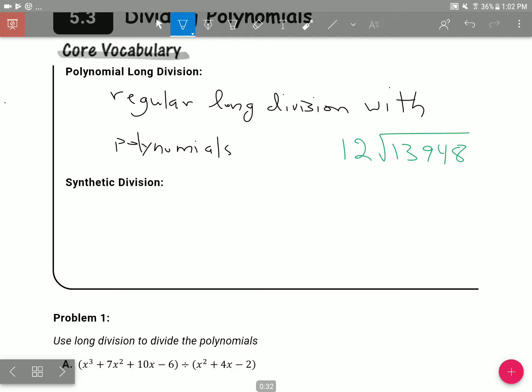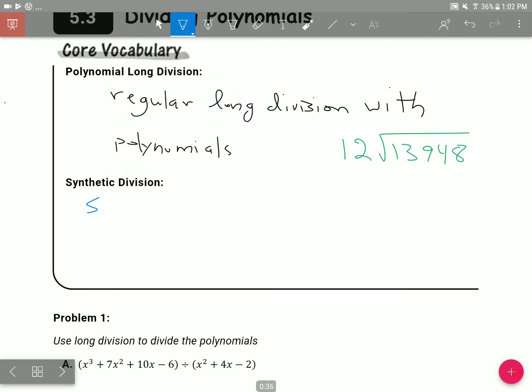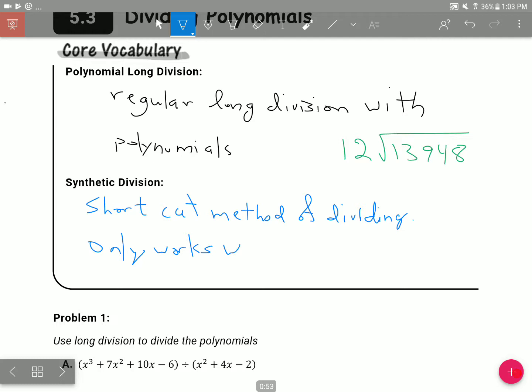Synthetic division. Ooh, synthetic division, that's the fun one. This is a kind of a shortcut method of dividing. And it only works with binomials.